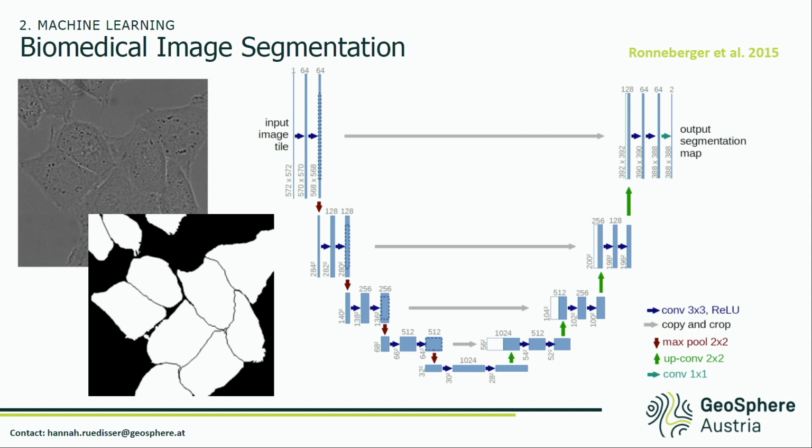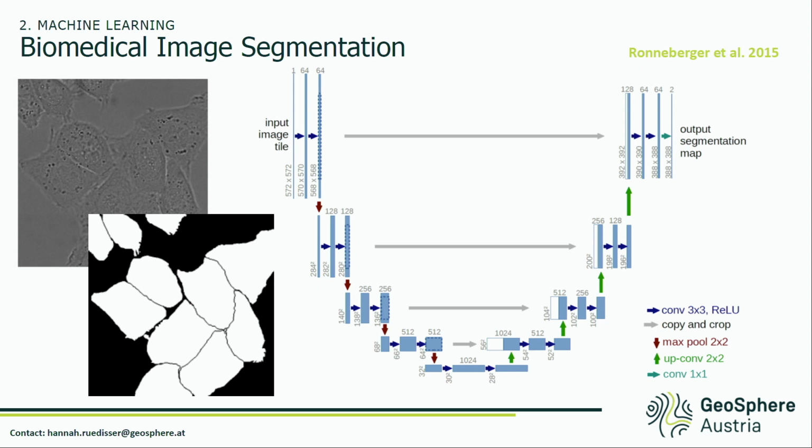So here we have a picture of a cell, or we have areas in these pictures that do not contain a cell, but we also have areas where a cell is contained. And the goal of this problem is we want to create segmentation maps where we segment each pixel into one of two categories, meaning cell or not a cell.